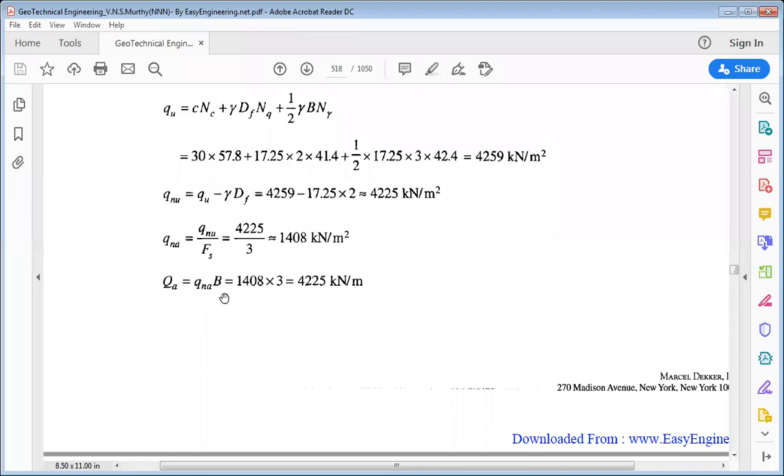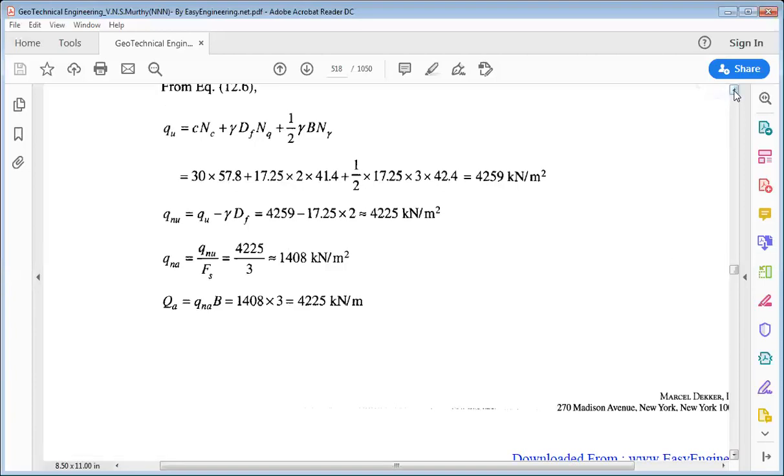Actually it is the pressure into L into B, but the length is not given, while the width is given. So Qa is the net allowable bearing pressure into B, so it is 1408 into 3, the width of the foundation being 3. So that is 4,225 kilonewton per meter.